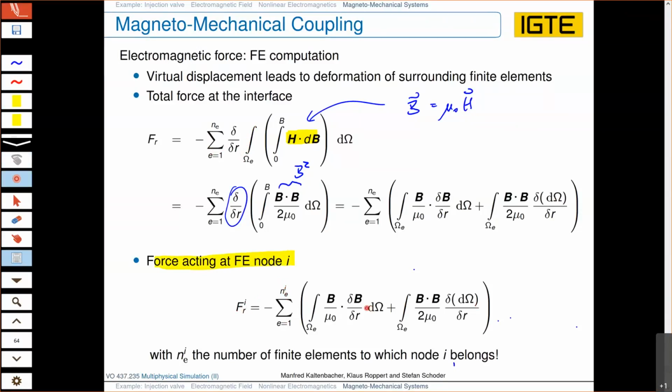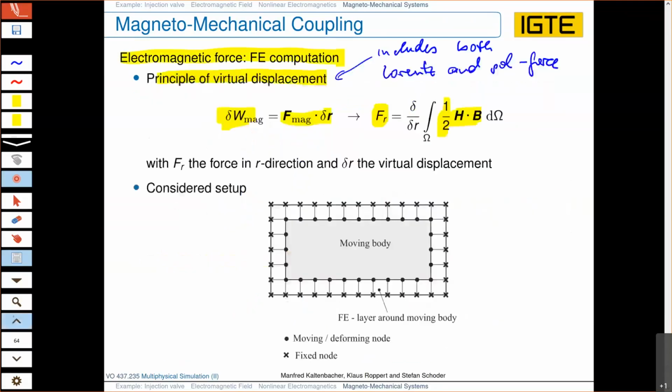Which also means, if we go back, if we have such an element, this node, and want to get the total force on this node by this principle of virtual displacement, this and this element will be involved. If we look at such a corner node, then these 3 elements will be involved. The same you can clearly do also when you have edge finite elements.